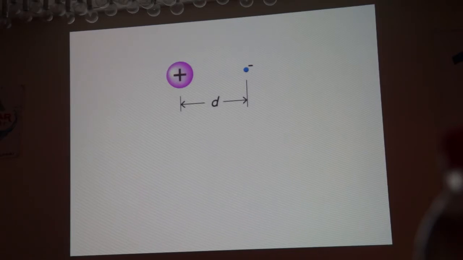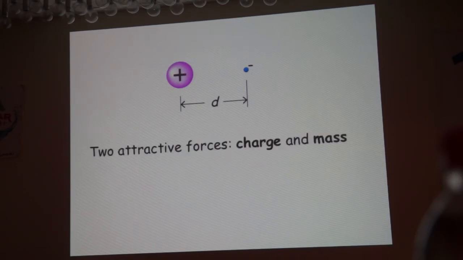But there are in fact two attractive forces. The first is the charge force, the electrostatic pulling force, and then also mass, because the proton and electron have mass, and when two things have mass, there's a gravitational attraction. So there are two forces, and the question I have for you is which force is greater?